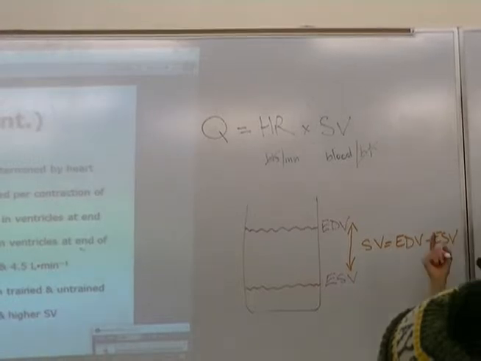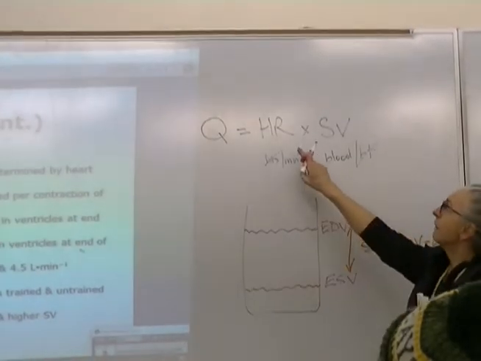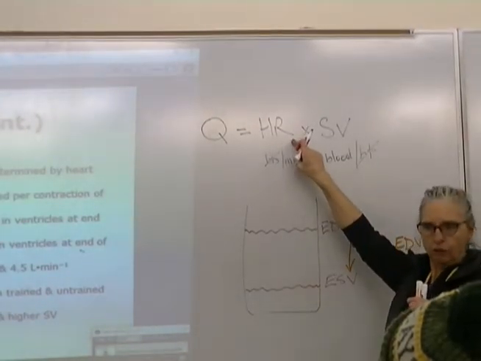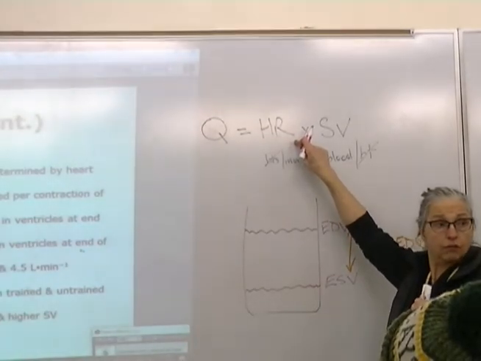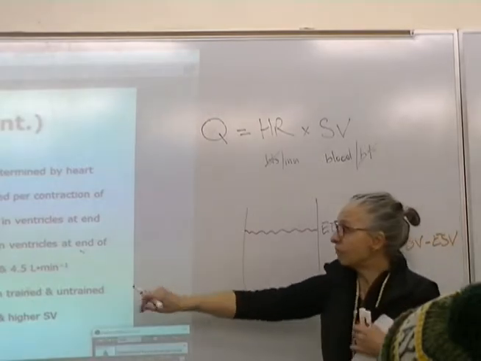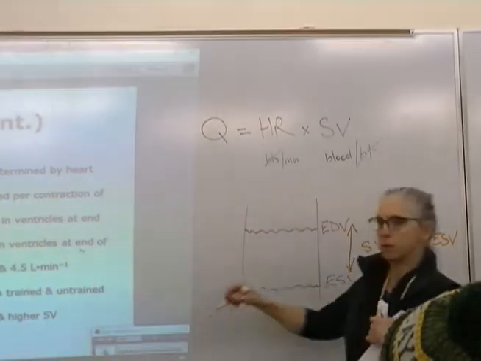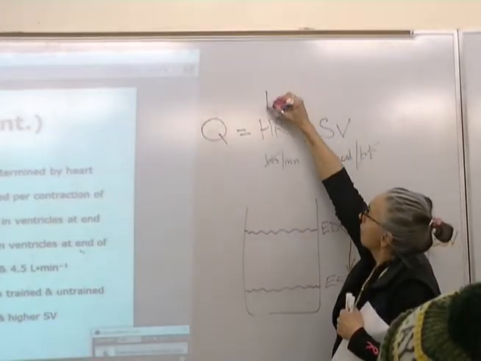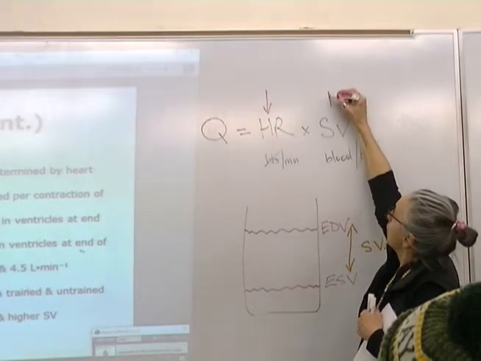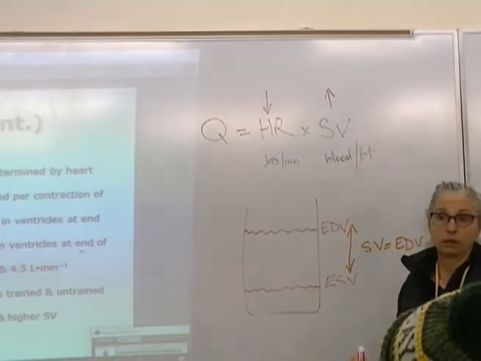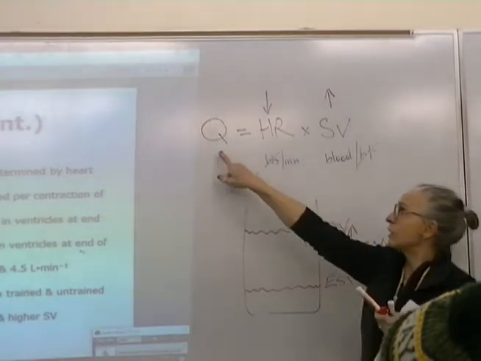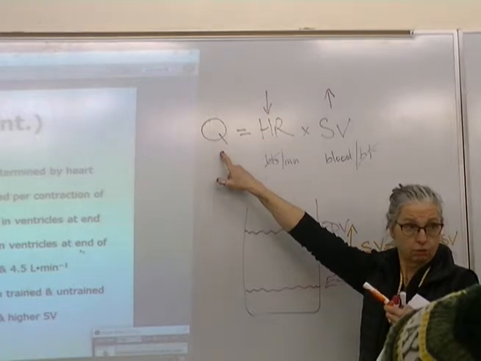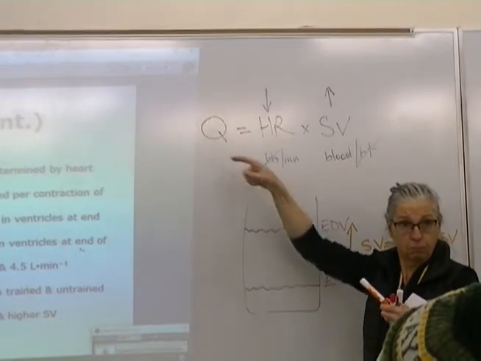Because we said that if we train hard, our resting heart rate is lower. So, if I am the trained person, I have a lower heart rate; if I am the untrained person, Q doesn't change. Q's the same.